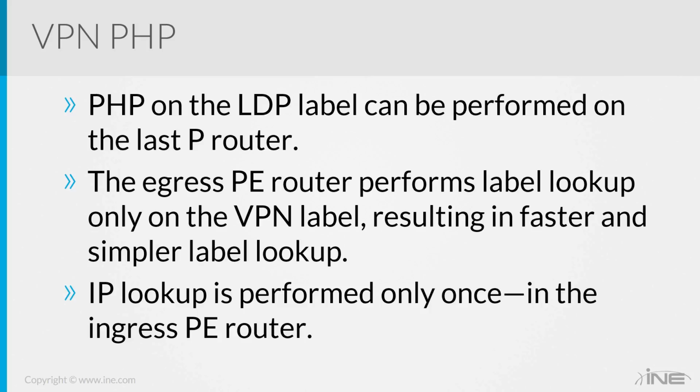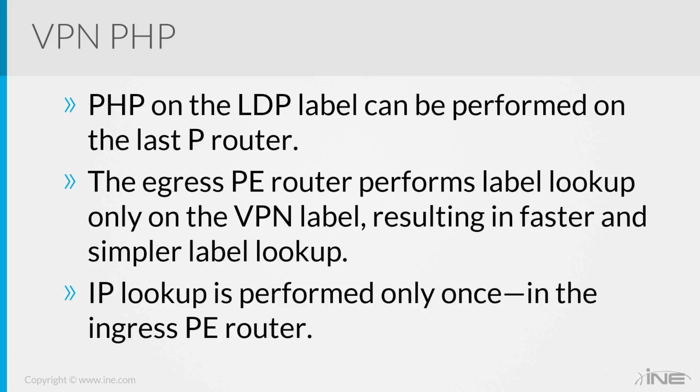The VPN label is built, and then to forward the traffic throughout the rest of the MPLS core, you place a transport label in front of the VPN label. You switch based off the transport label until you hit the PE router, or routers depending on the situation, that is connected to the PE router that is going to be your exit point out of the MPLS network.